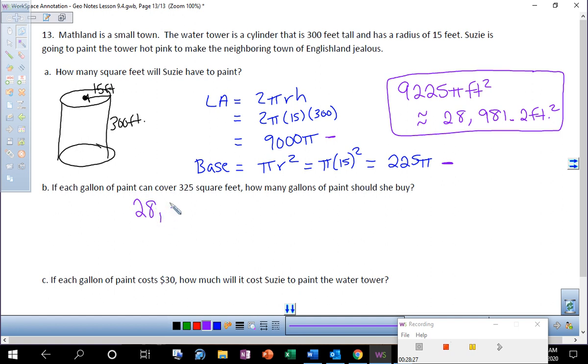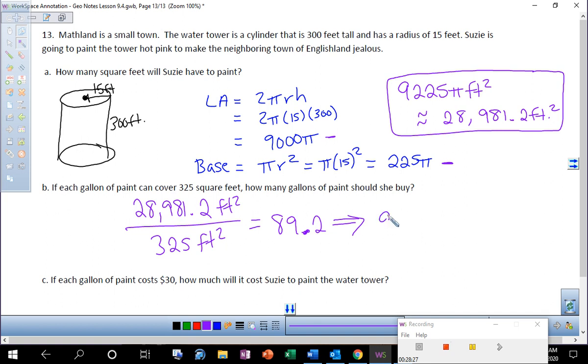So 28,981.2 feet squared divided by 325 feet squared gives us about 89.2, which we can't buy partial gallons, so she's going to have to buy 90 gallons of paint to cover that whole water tower.